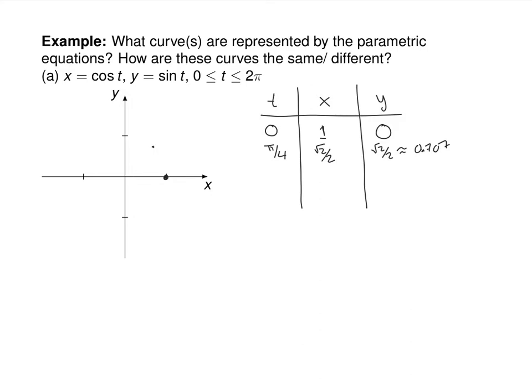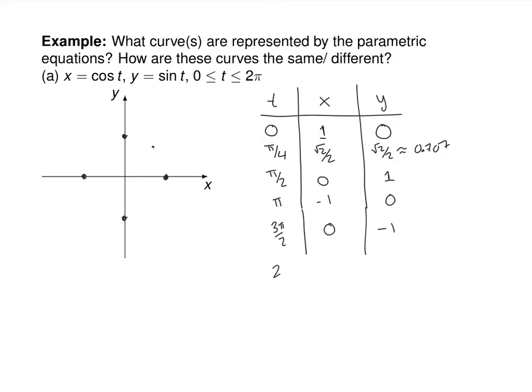Okay, when we plug in pi halves, cosine of pi halves is 0, sine of pi halves is 1. When we plug in pi, cosine of pi is -1, sine of pi is 0. When we plug in 3 pi halves, cosine of 3 pi halves is 0, and sine of 3 pi halves is -1.